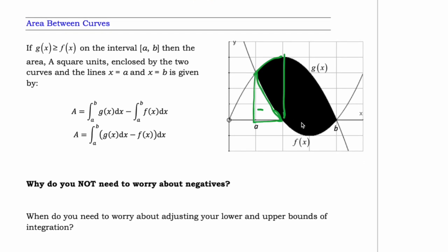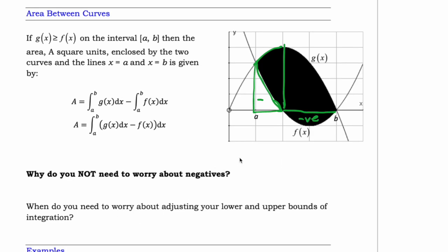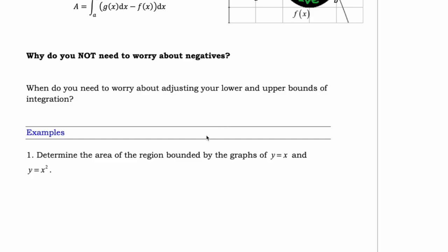And this here will give you a negative number, negative area. So when you subtract it, it becomes positive, so you're like adding it on. So that's why you don't have to worry about negatives. When you subtract a negative, it becomes positive. So if you do top function, it's always top function minus bottom function. And the negatives will automatically cancel out and give you positive.